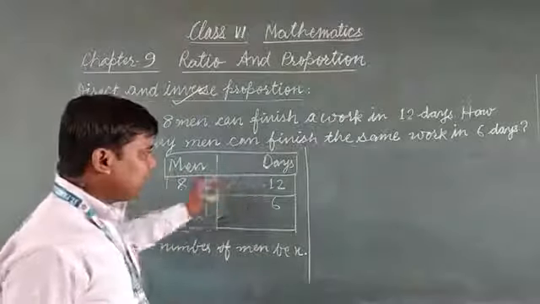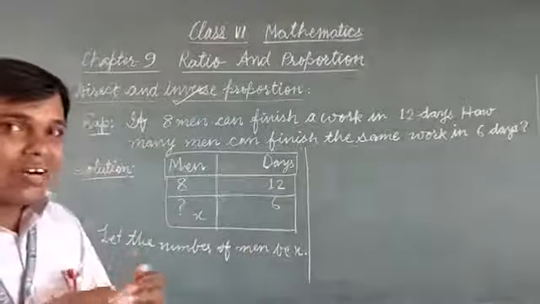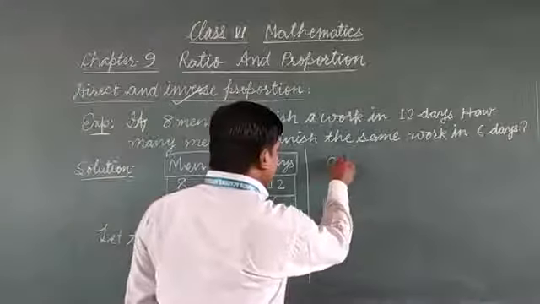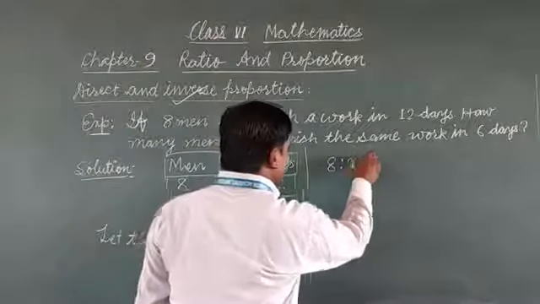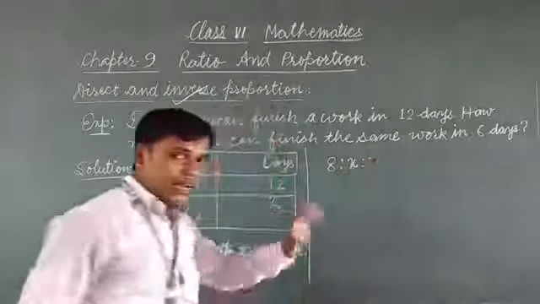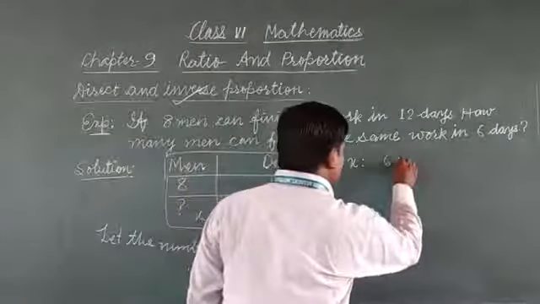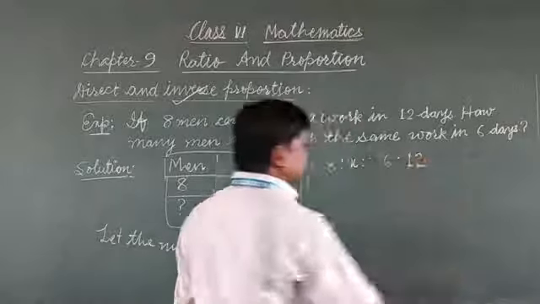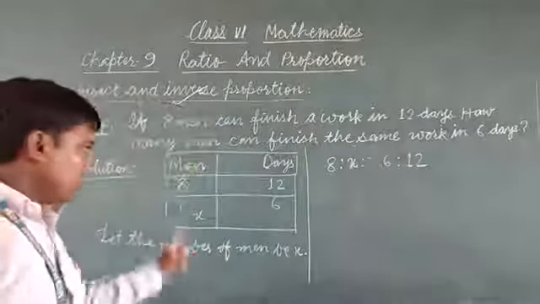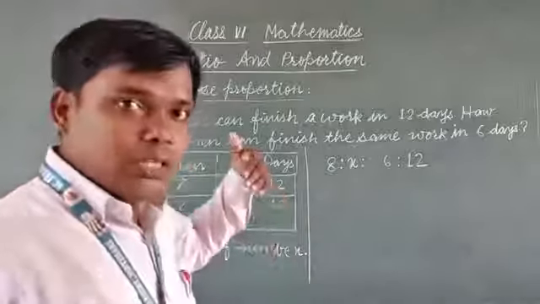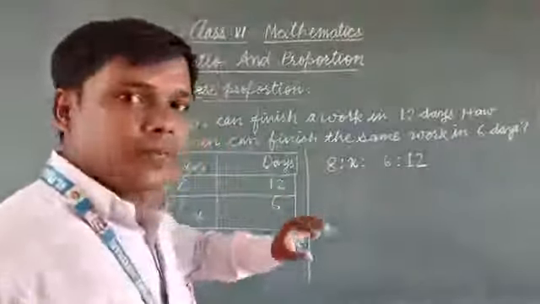And now we write these in inverse variation, meaning 8 is to x in proportion. Inversely, this will come up and this will come down, 6 is to 12. Earlier we were writing this by this and this by this. That is the case of direct proportion. Now we have the case of inverse proportion.